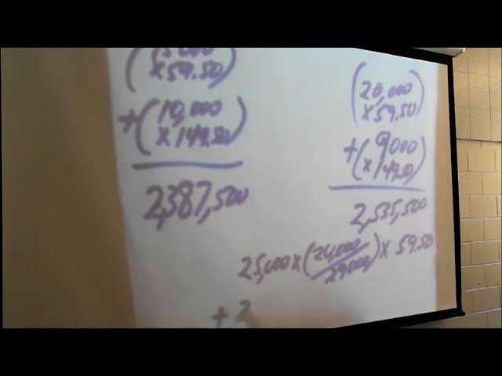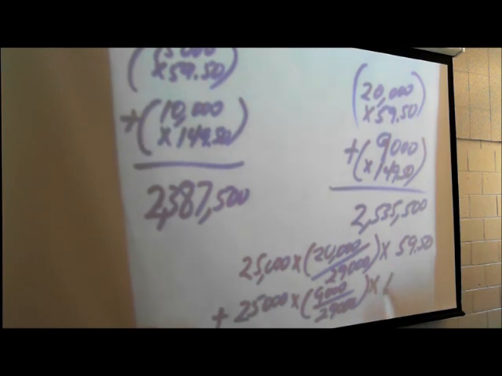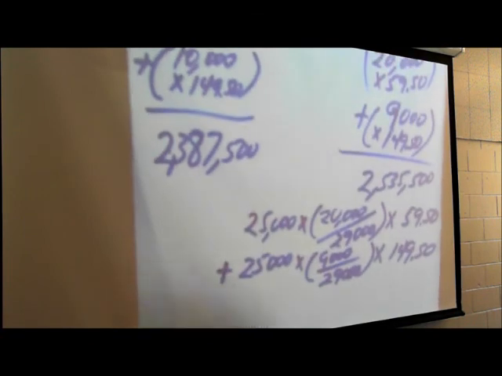And to that, we're going to add 25,000 times 9,000 divided by 29,000 times 149.50. I guess I put the contribution margin on the wrong end.